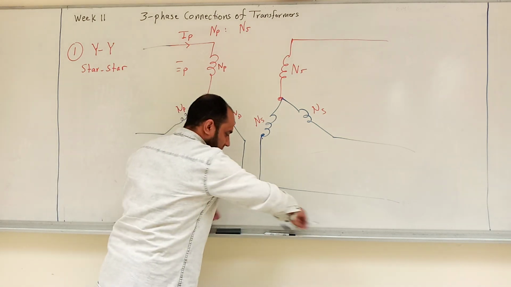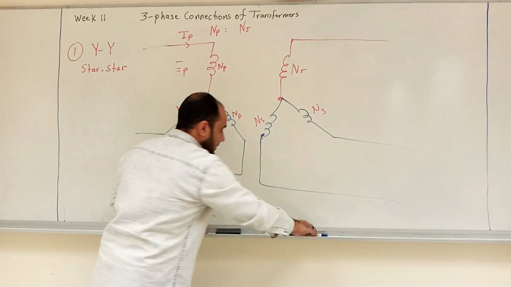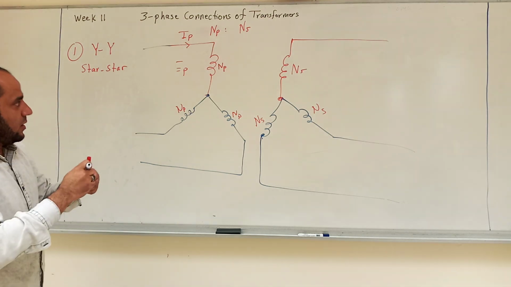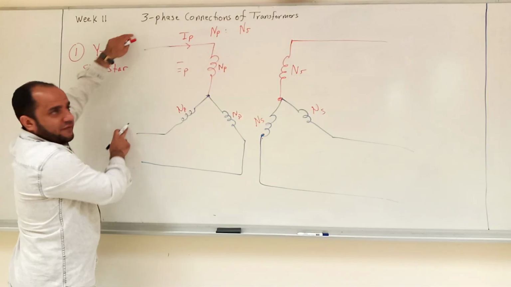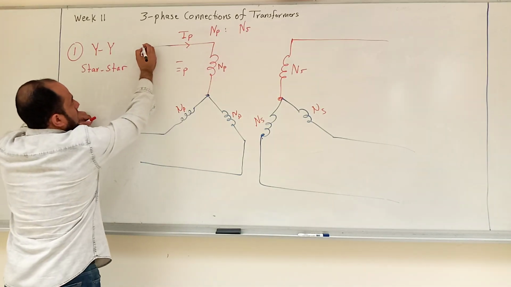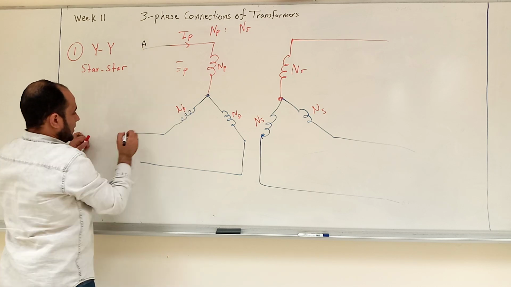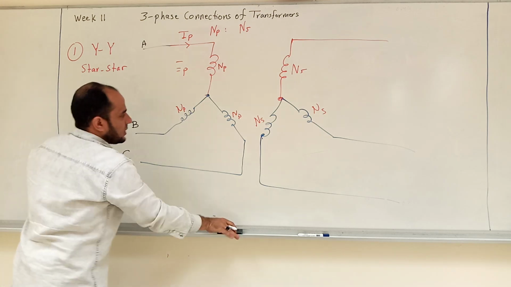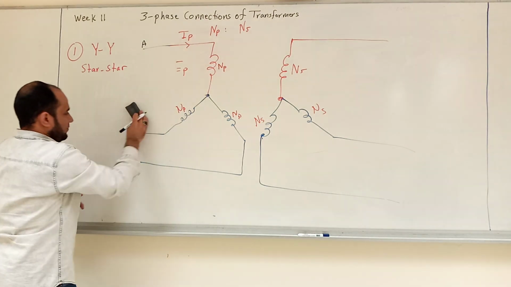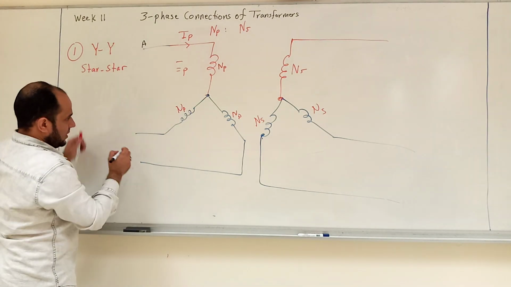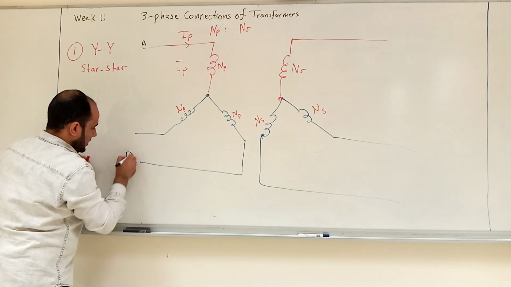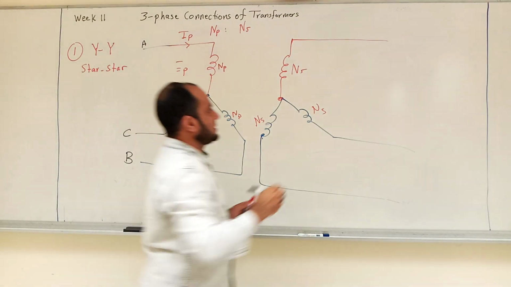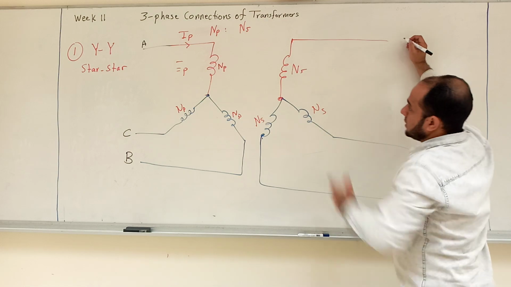So let's put the equations. What is the relation between primary and secondary? Remember from the three-phase circuit lecture. Now I'm going to call these A, B, C, for example. So let's say this is A, this one is B, and this one is C. And on that side, let's make it capital and small.